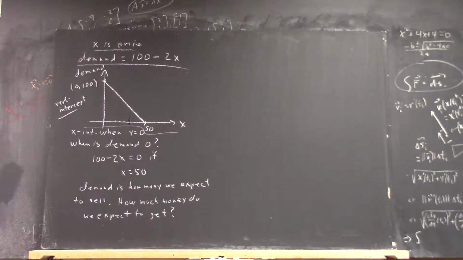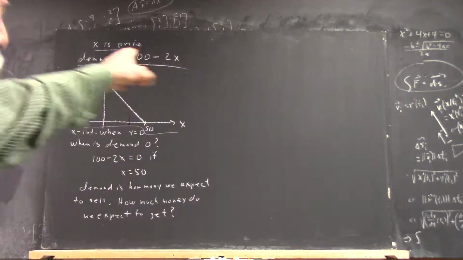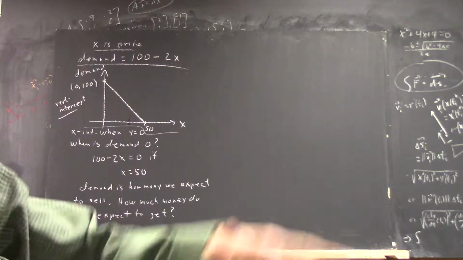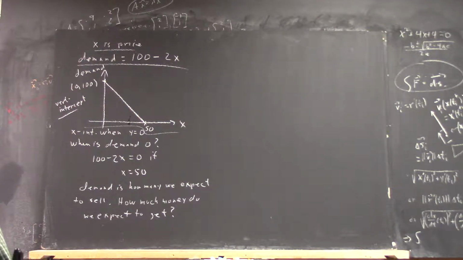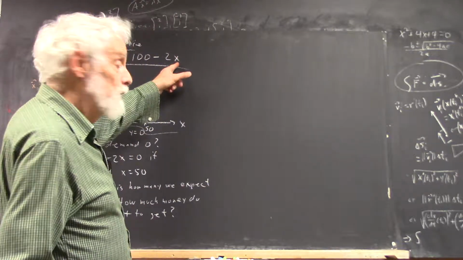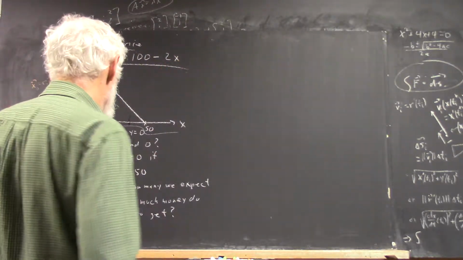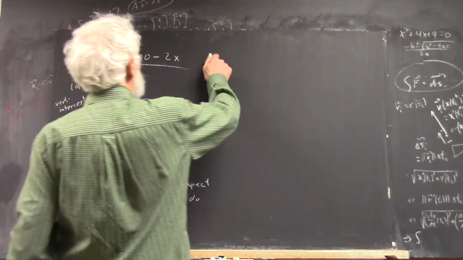X is how much I sell it for. We plug that in and we see what the demand is, and that's how many we expect to sell. That's our predicted demand. Might not be the actual demand, but that's our model. So if I charge $10, I sell 80.